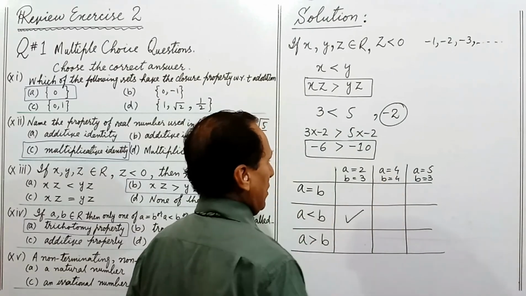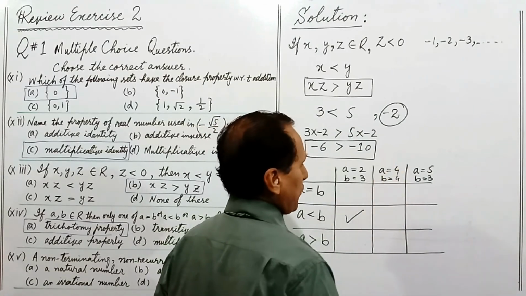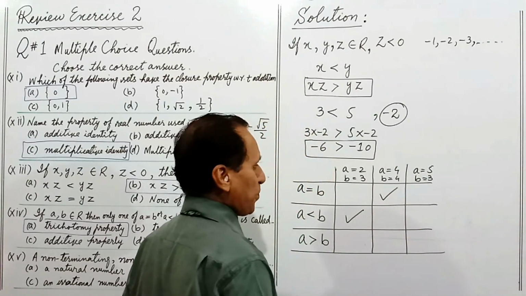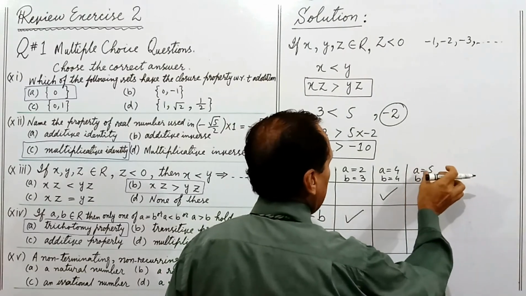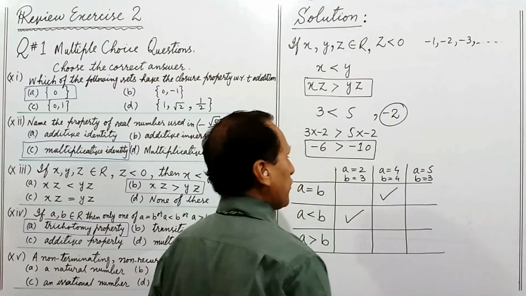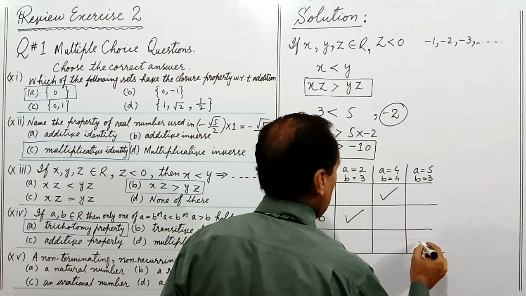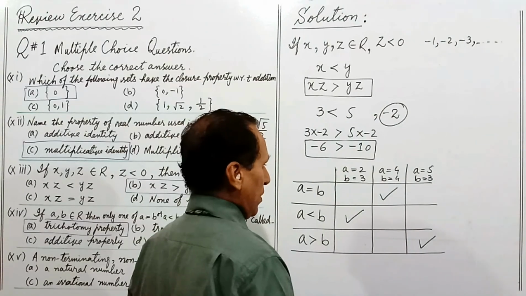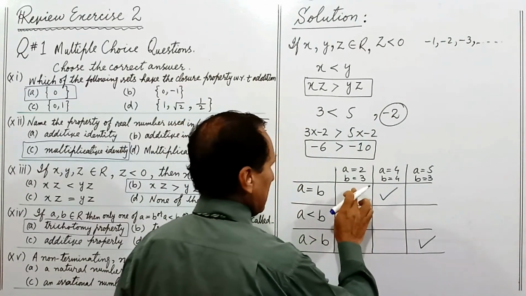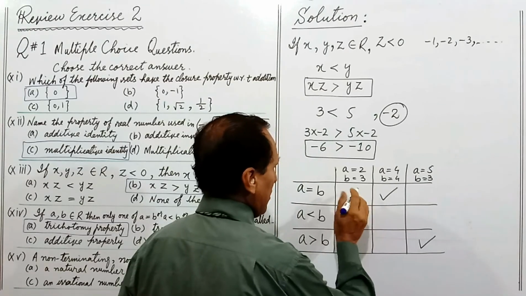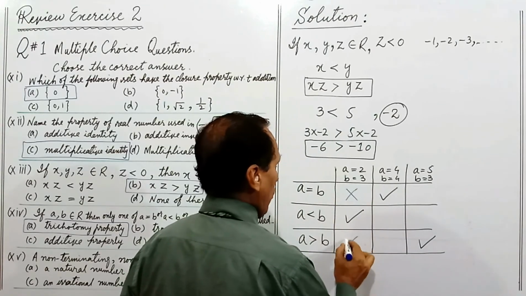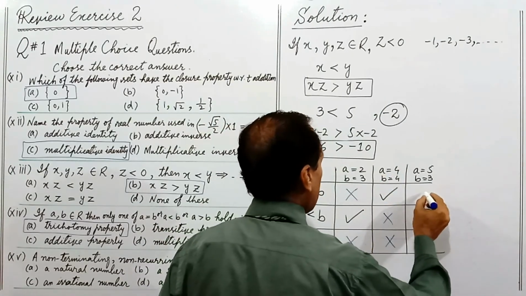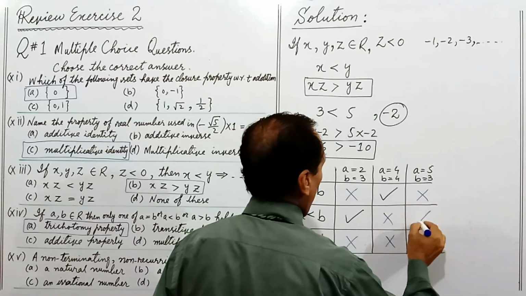Whereas in the second part we observe that both the values of a and b are equal, so we mark the option a is equal to b. In the table we observe that a is equal to 5, b is equal to 3. The value of a is greater than b, so we mark the right option over here, and that is a is greater than b. For the rest of the options, is a equal to b? No. Is a greater than b? No. Is a less than b? No, for this case.